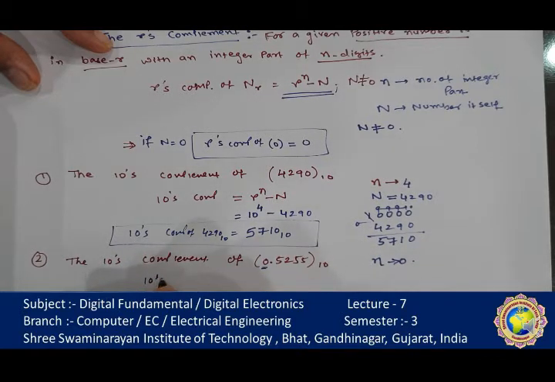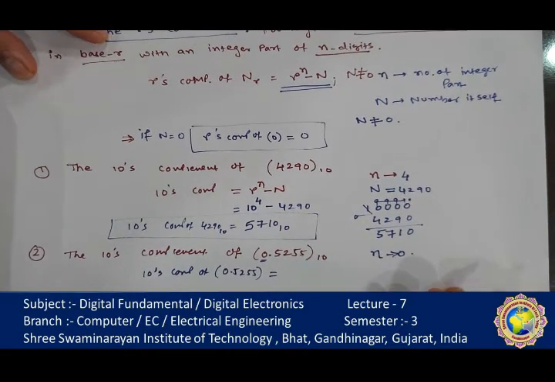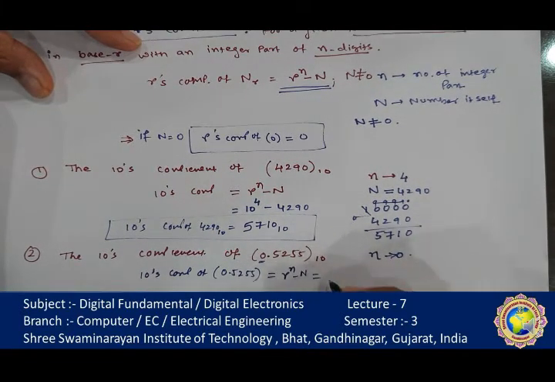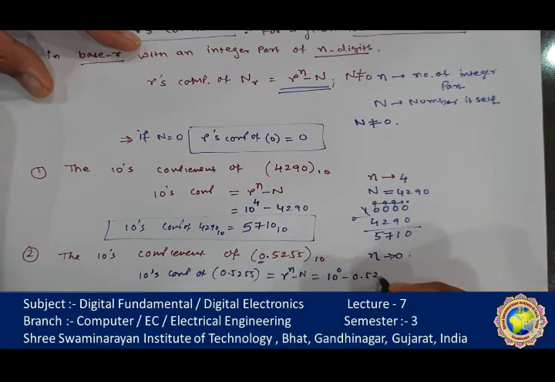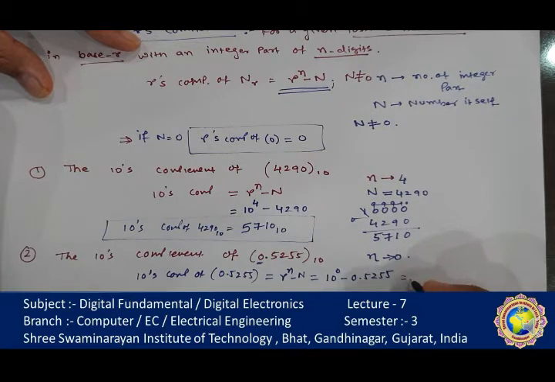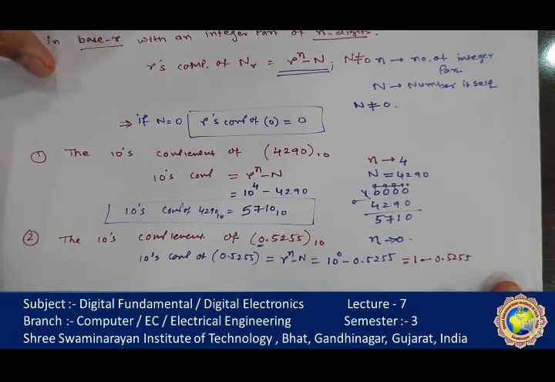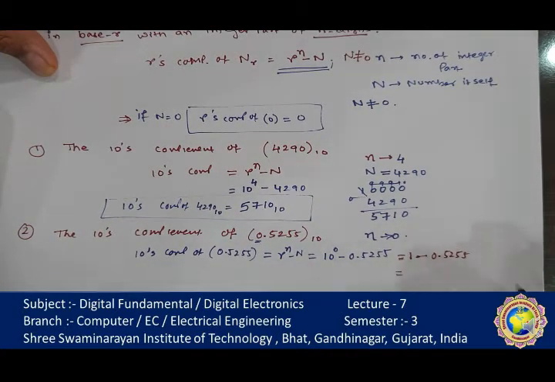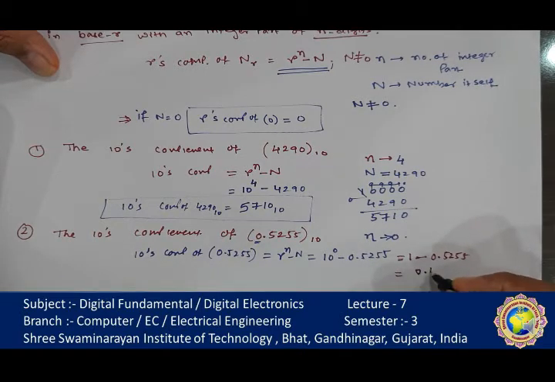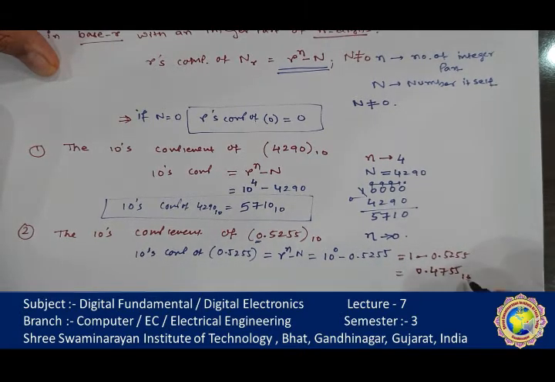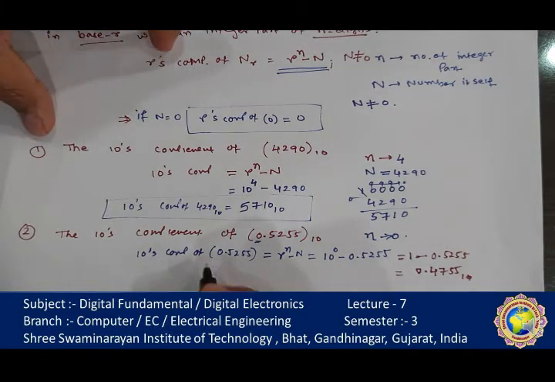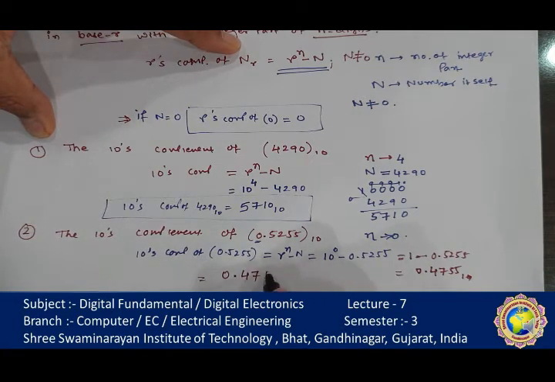As per the definition, the tens complement of 0.5255 is equal to R raised to n minus N, that is 10 raised to 0 minus 0.5255. 10 raised to 0 is 1, so 1 minus 0.5255, a simple subtraction, becomes 0.4745 in decimal.